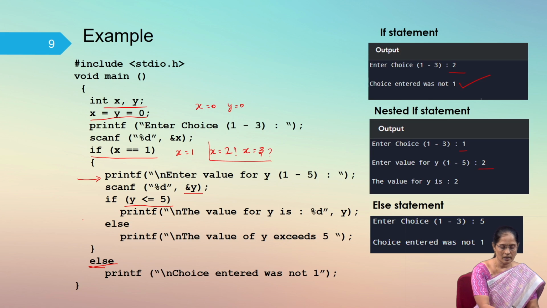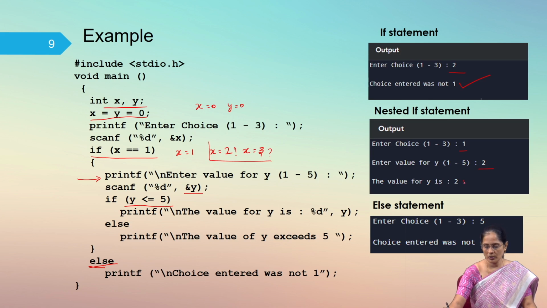So, we will be executing the true block of the inner if statement, because both the conditions are true, which is nothing but the value of the received variable y being displayed.